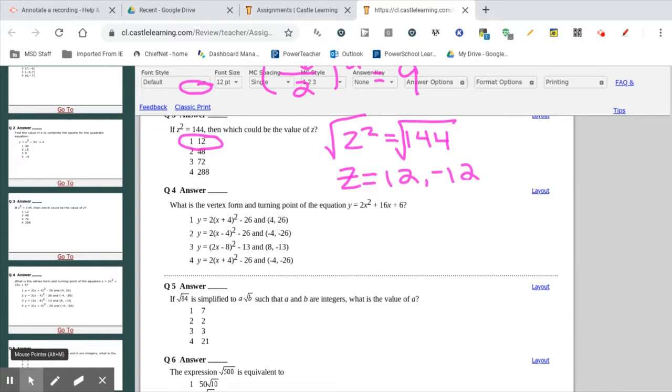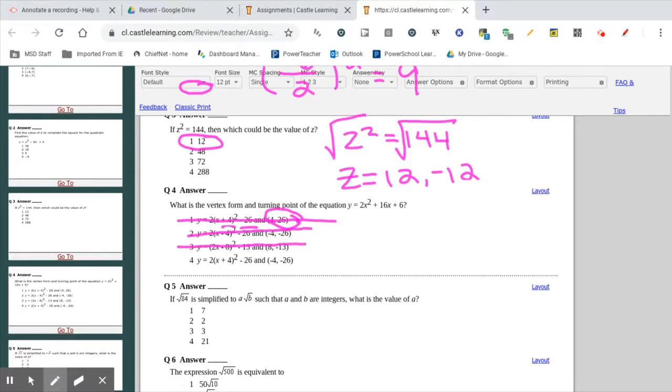So if we look at number 1, the vertex of number 1 would be negative 4, negative 26, and that doesn't even make sense for the first question, so we know that that would be out. Number 2, we should have positive 4, negative 26. That doesn't work. Number 3, we know that we should never have that coefficient in front of the x, so that tells you that's not vertex form.